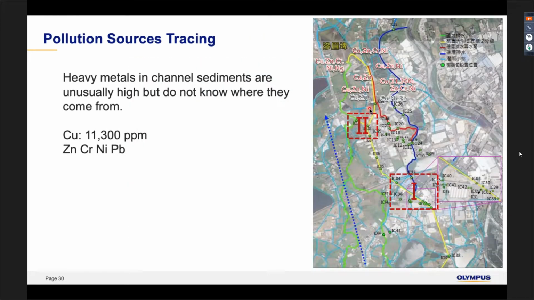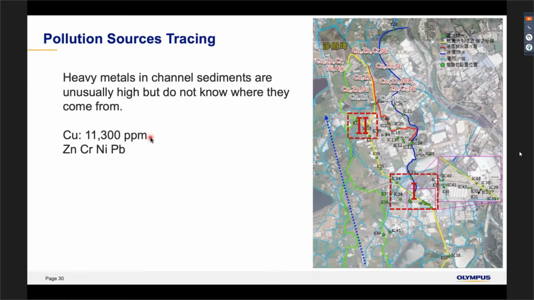We found that the concentration of heavy metals in sediments of the channel in the downstream area was very, very high. But in the upstream area, because the channels were covered, it is difficult to find out which factory discharged the pollutants.